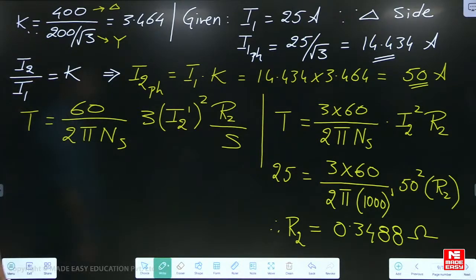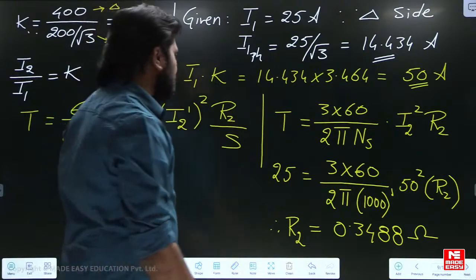Next, from the blocked conditions we can write something like this.